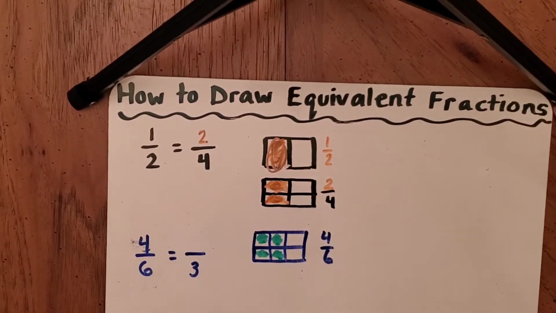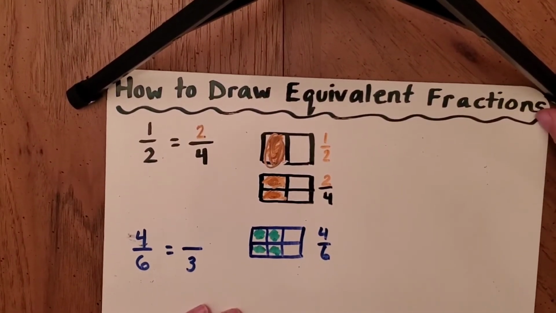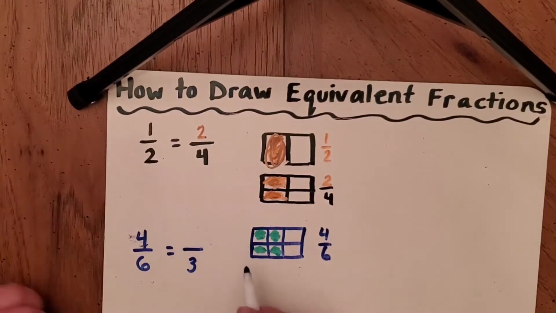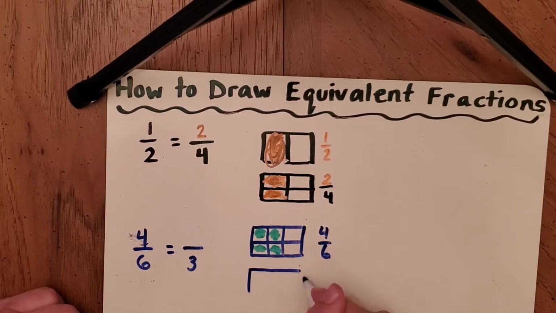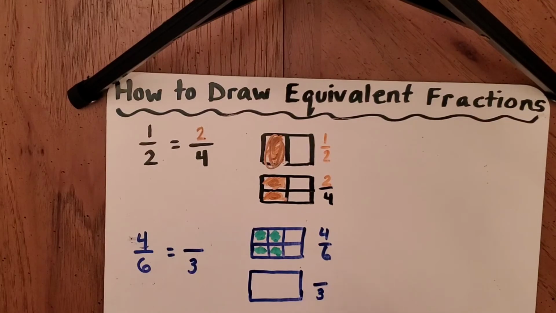And then underneath that model, I want to draw the same model again. I'm going to draw it right underneath it. But this time, instead of cutting it more, I only need my next model here to have 3 pieces, not 6.